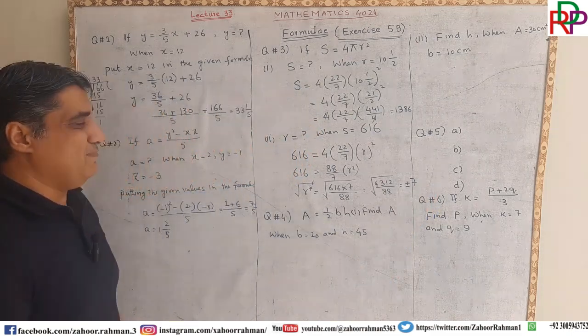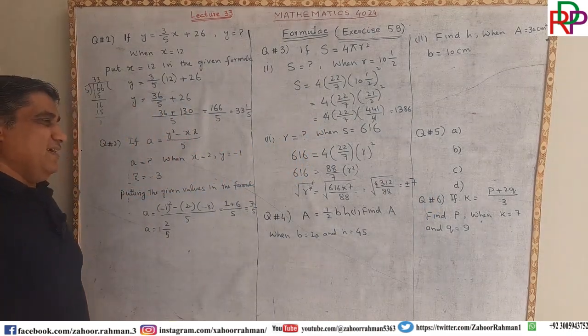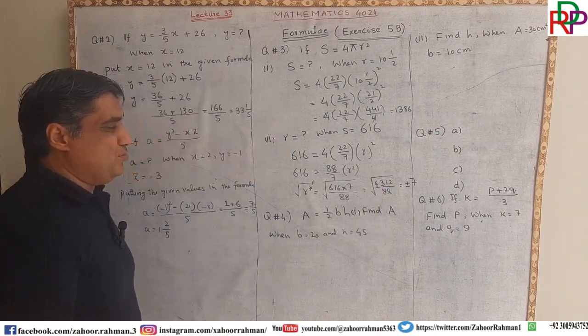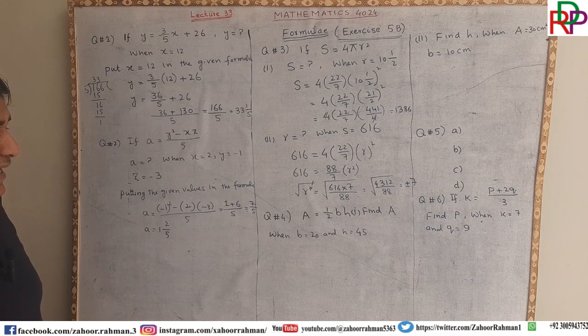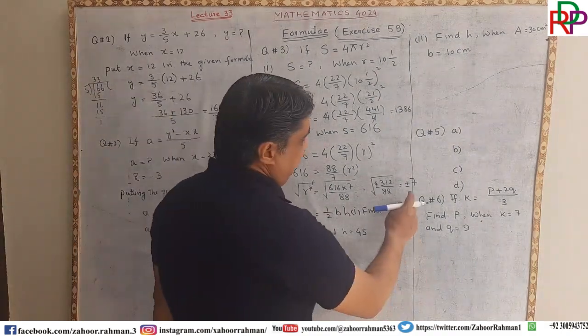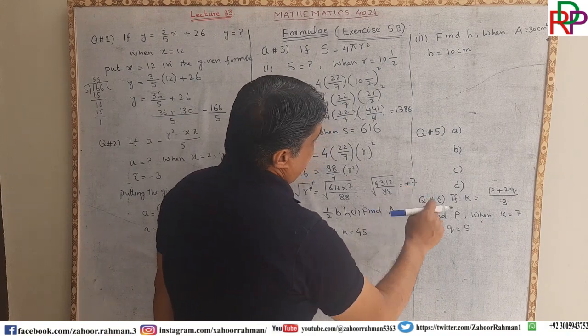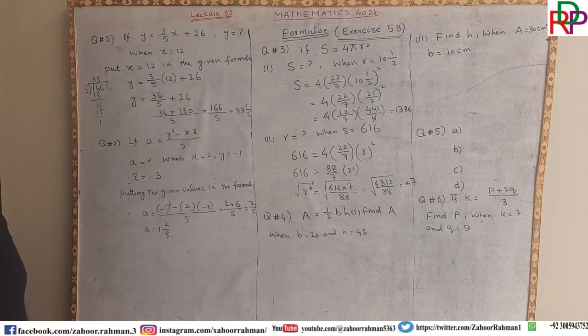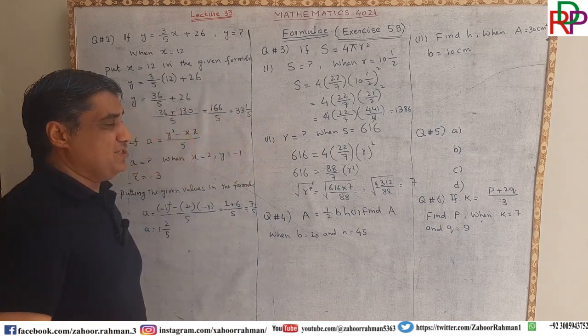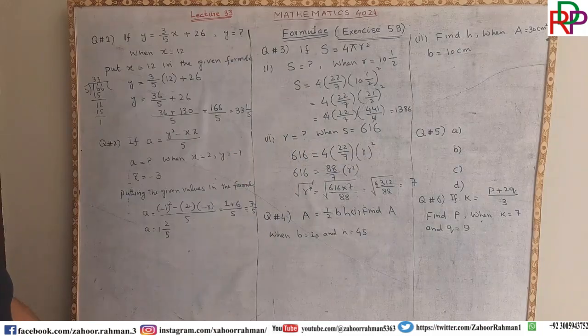You have to remember, ladies and gentlemen, that whenever you are removing this under the root, you have to put plus and minus symbol. But because the question is saying only find the positive square root, not the negative value, we are bound to write only the positive, which is equal to 7. And if you are not writing the plus sign with the positive value, it doesn't matter.